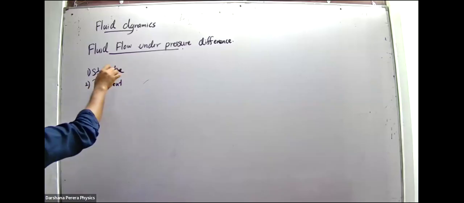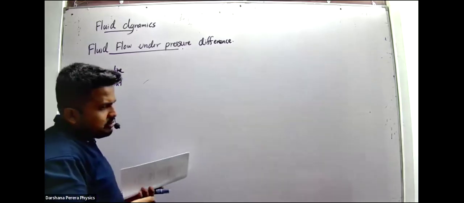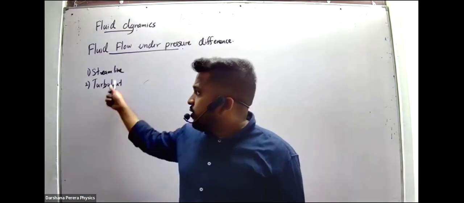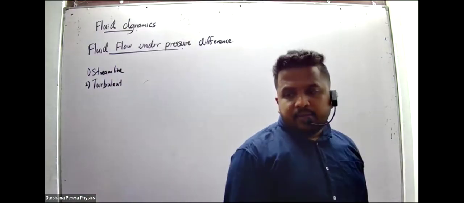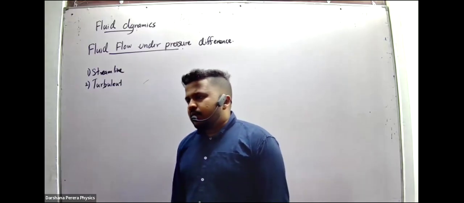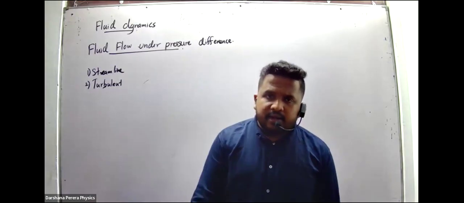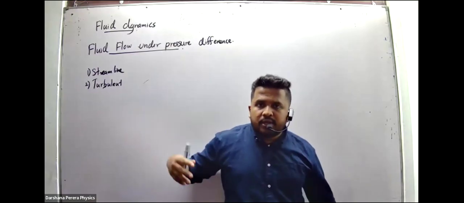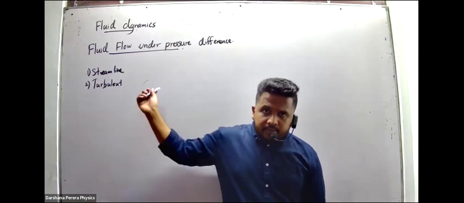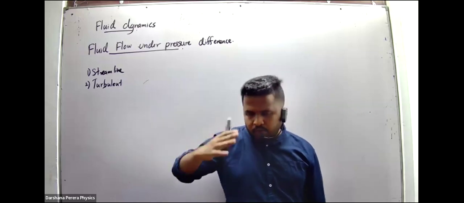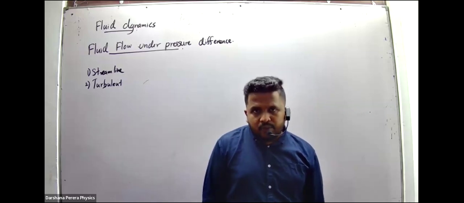The streamline flow is also called laminar flow, and the second one is turbulent flow. If the water travels from very high pressure to low pressure, that creates turbulence. Uniform flow is streamline flow.